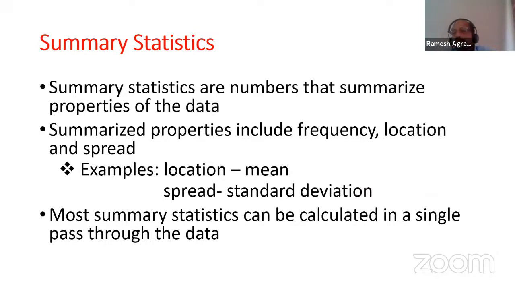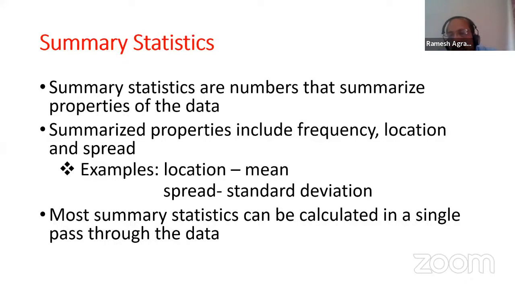So let's talk about non-graphical methods. Summary statistics are numbers that summarize properties of the data. Those summaries can be defined in terms of the mean, frequency, standard deviation, minimum value, maximum value, range, and interquartile range.